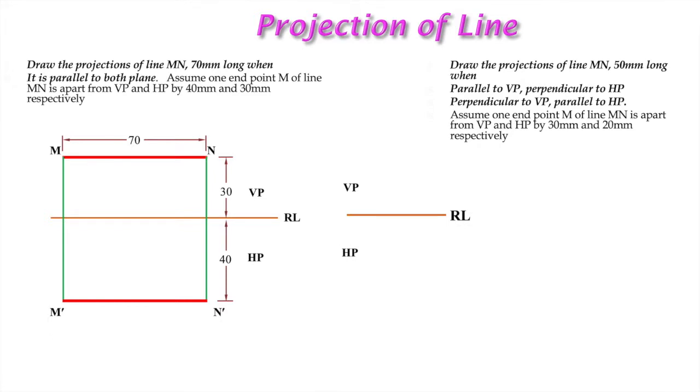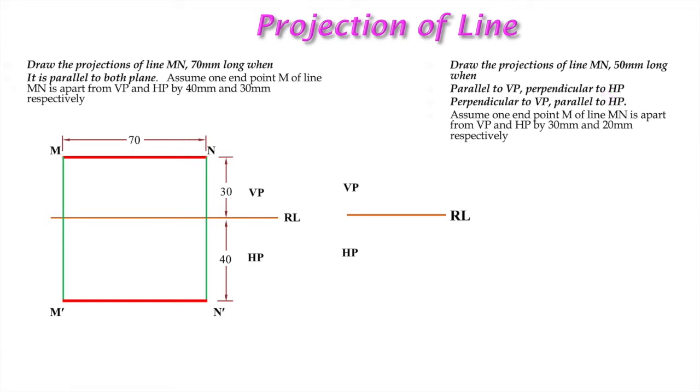Then our next problem: draw the projection of a line MN, 50 mm long, parallel to VP and perpendicular to HP. Condition 1, it is parallel to VP, perpendicular to HP.